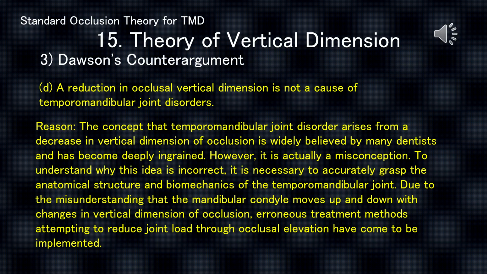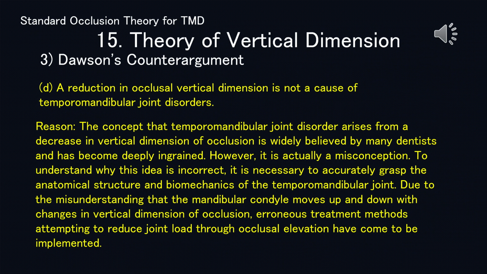D. A reduction in occlusal vertical dimension is not a cause of temporomandibular joint disorders. Reason: the concept that temporomandibular joint disorder arises from a decrease in vertical dimension of occlusion is widely believed by many dentists and has become deeply ingrained. However, it is actually a misconception.